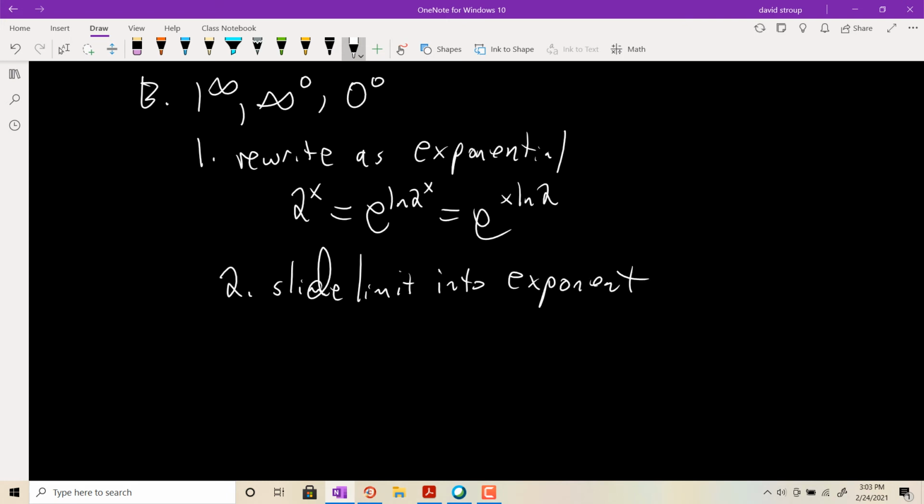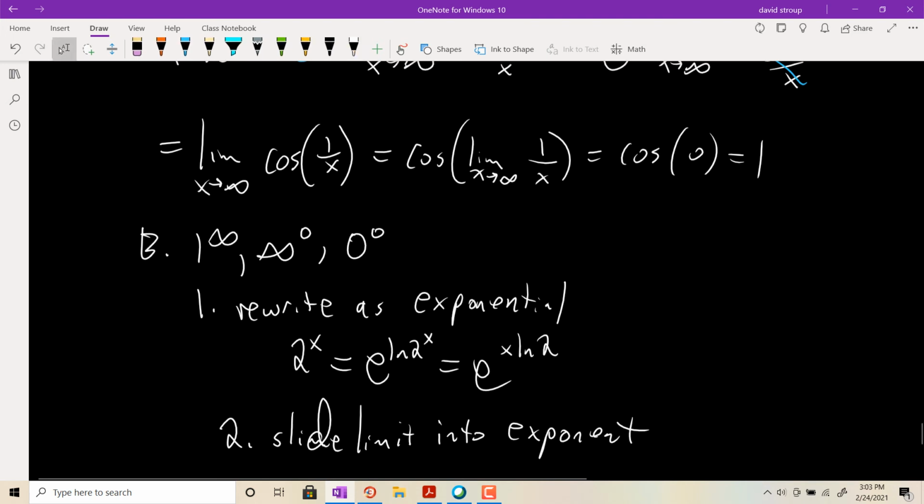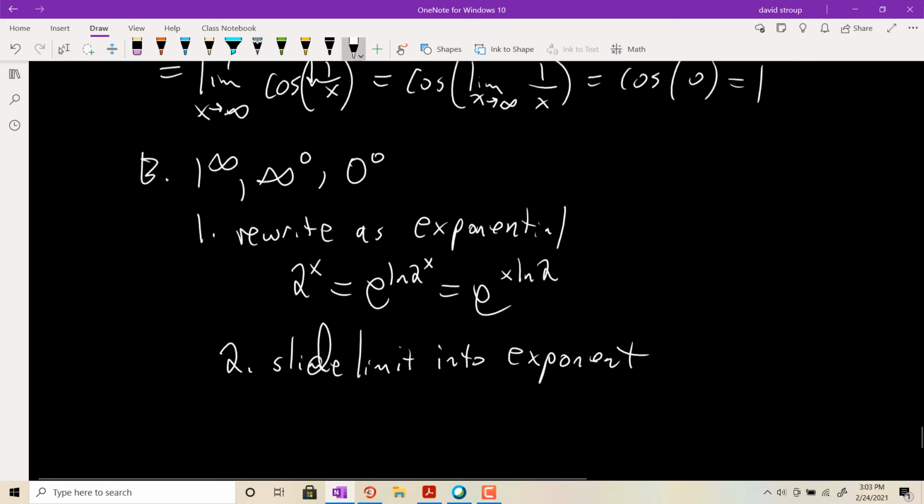So the idea is just like the previous problem where I slid the limit inside the function. You'll do the same thing, but it looks like you have the limit of e to the x, and you're basically rewriting it as e to the limit of x. So that's kind of what I mean.